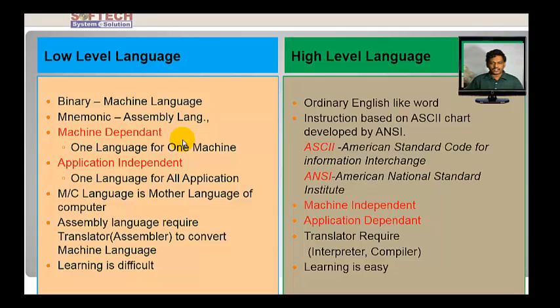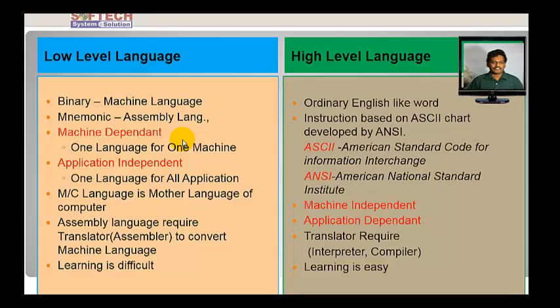This is one language for all applications, called application independent. So it is one language for one machine, machine dependent, and one language for all applications, application independent. So low-level language is machine dependent and application independent.